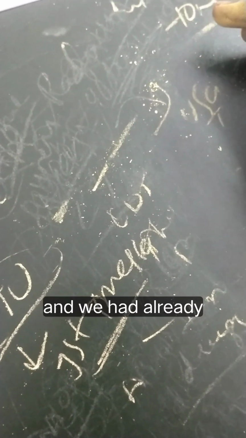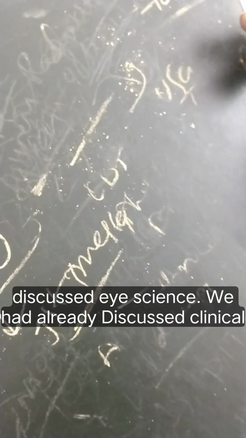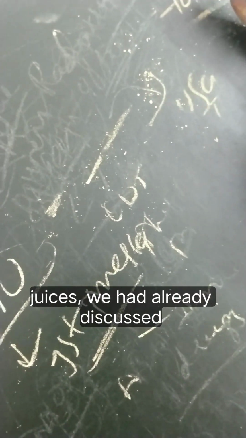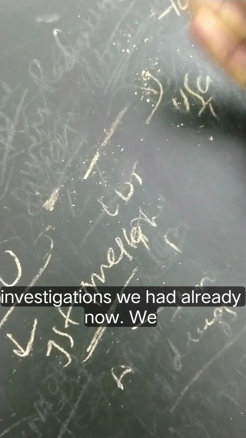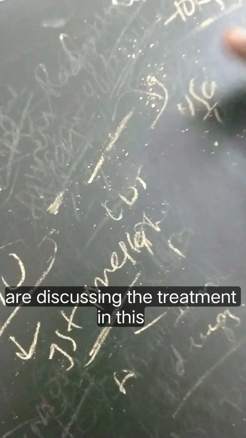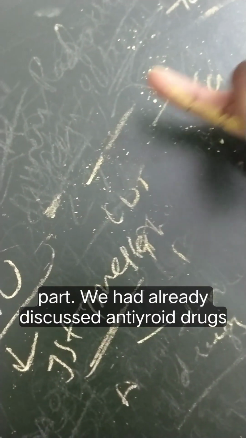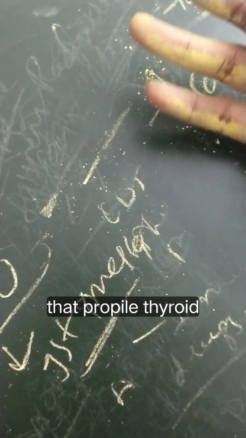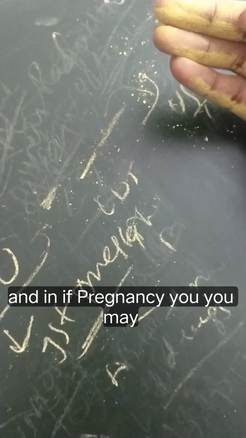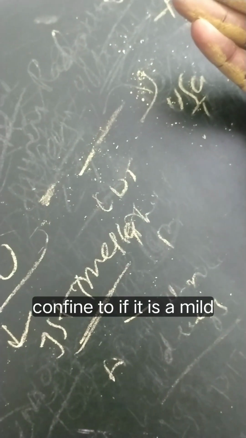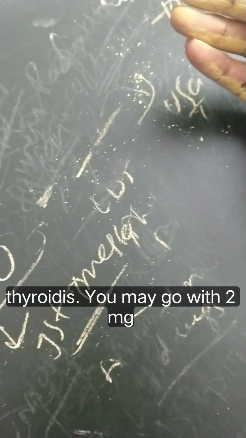We had already discussed eye signs, clinical features, and investigations, and now we are discussing the treatment. We discussed anti-thyroid drugs, propylthiouracil, carbimazole, methimazole 5 to 10 mg, and in pregnancy, if it is mild thyrotoxicosis, we may go with slight doses like 2 mg.